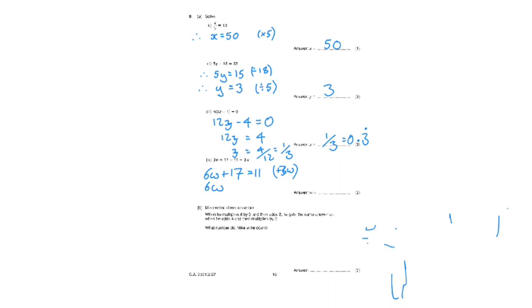So we're going to go 6w, we're going to take 17 away from both sides. And we're going to take 10 away, minus 6. And so w, we're going to divide by 6, is going to be minus 1.